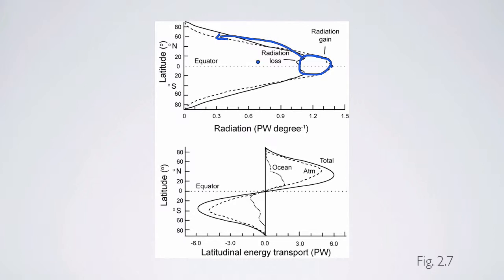Now there's two main vectors for that energy to reach high latitudes. One of them is the oceans and the other is the atmosphere. And you can see the amount of energy that's transported by the oceans versus the atmosphere. By and large, it's the atmosphere that transports a lot more energy than the oceans do.